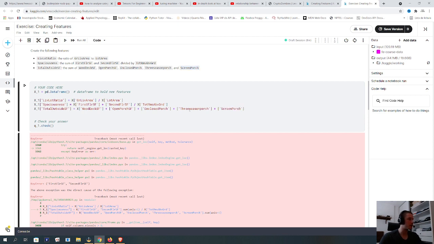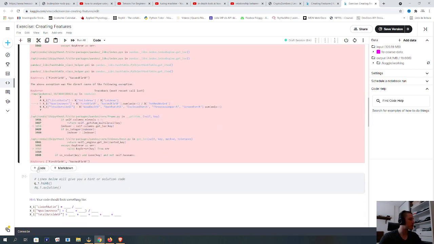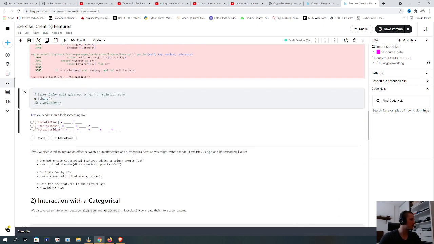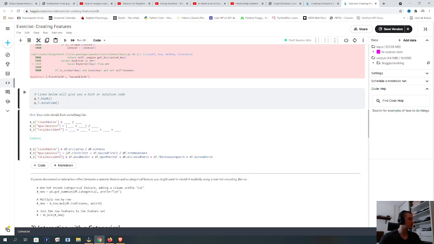There has to be a better way to do this. Oh, I forgot the X. I'm just going to copy the solution. It's going to be that anyway.